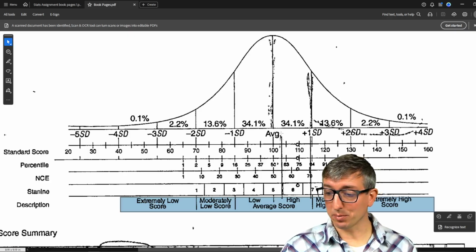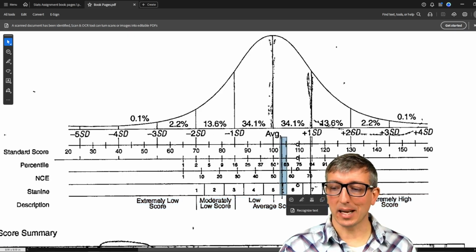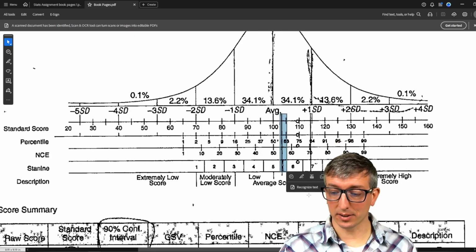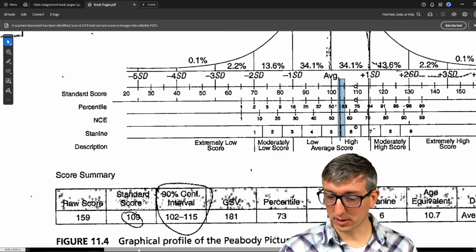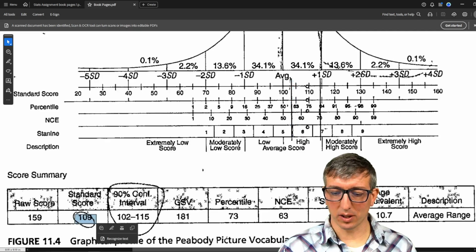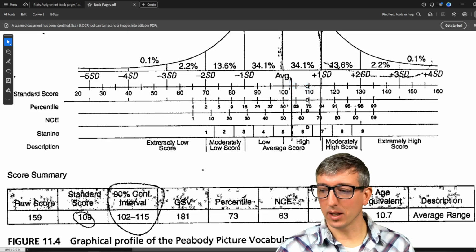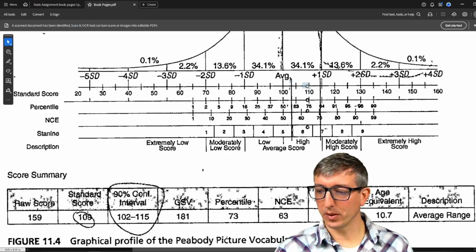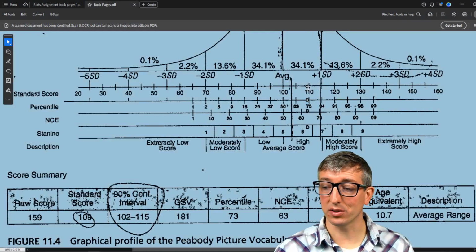And so if you have this person, it's hard to see, but this line right here in the middle, this is that person's actual score on this test, which we can see down here. Oh yes, standard score right here. So this 109 is, oh no, sorry, not that line. It's these dots. It's hard to see these dots right here on the screen, but these dots are the person's score.